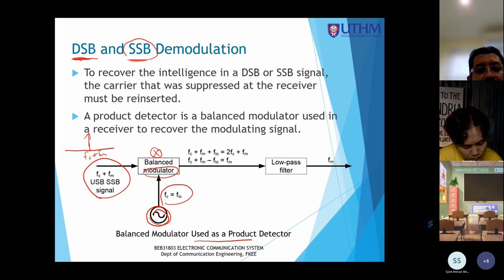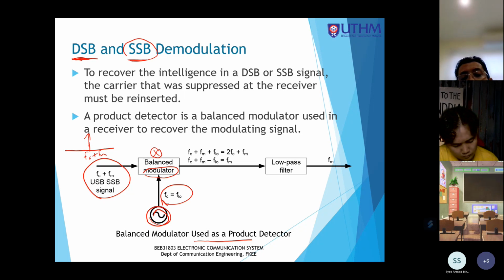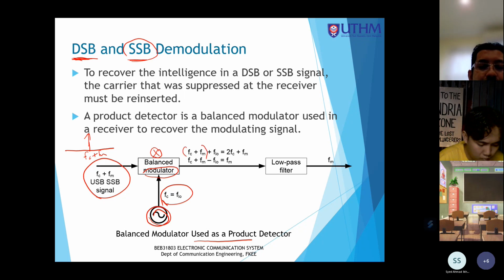Dan dia punya another input is the FLO. Okay, bila masuk dalam balance modulator dia akan darab. Apabila kita darab kita akan dapat dua komponen upper and lower. Maka yang terhasil adalah upper sideband dan juga lower sideband. Lower kerana ada tolak di sini, dan plus di sini adalah upper sideband.